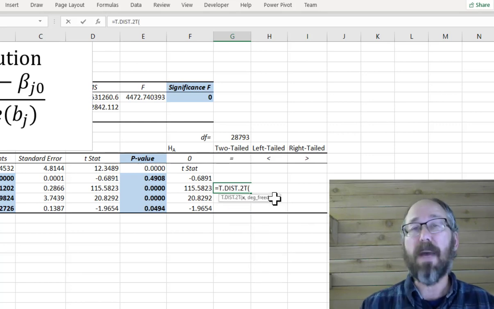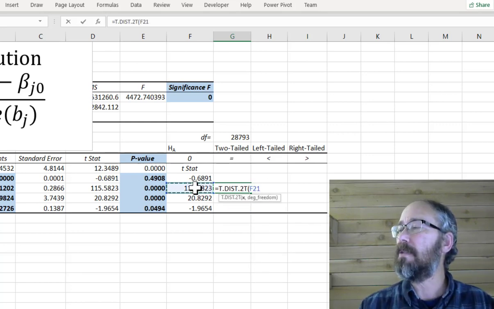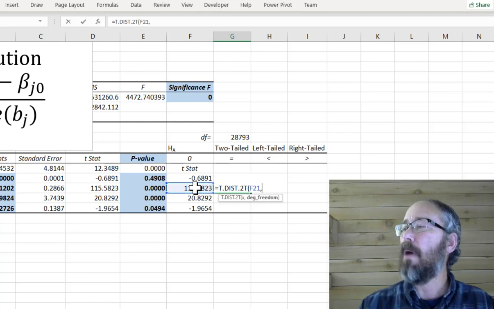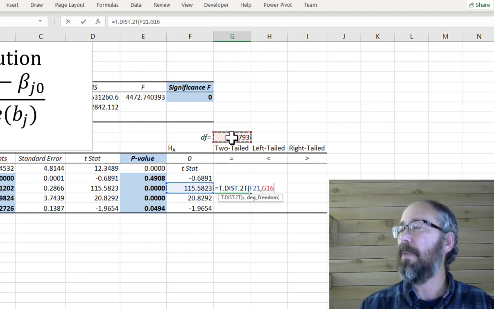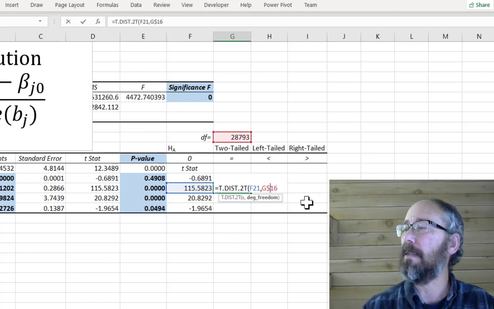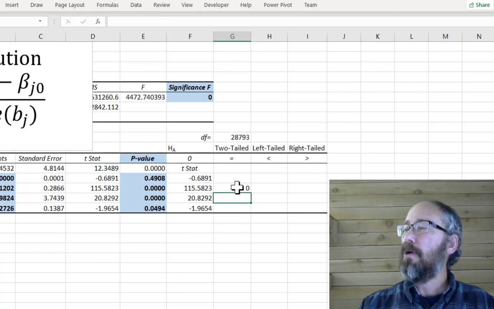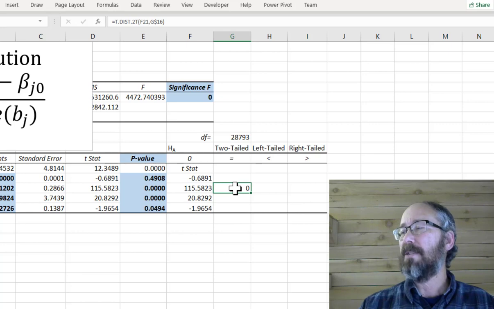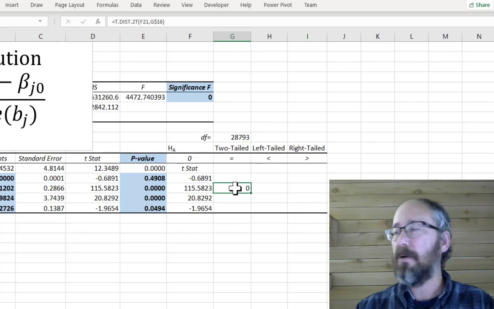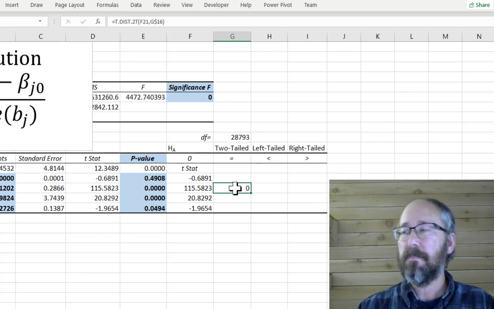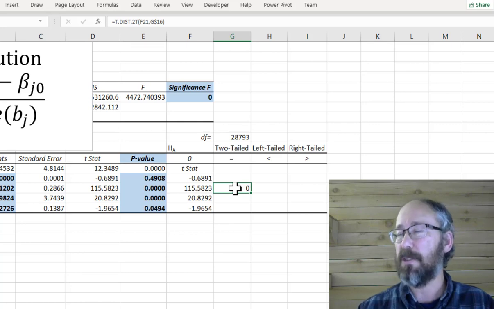Now x is my t-stat, so that's the t-stat there, and then I want my degrees of freedom up here, and since I'm going to be copying this, I'm going to make it an absolute reference. And you'll notice it matches, although it's a 0, so it's not as helpful as it could be to show the matching.